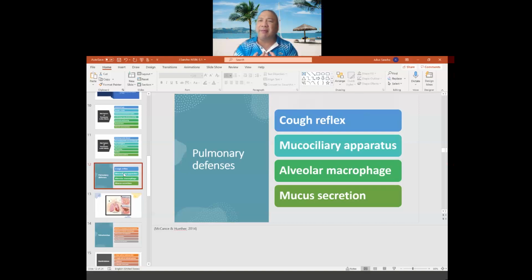The cough reflex is very important because it removes your phlegm, which is filled with microorganisms, out of your lungs. If the resident doesn't have that cough reflex, those phlegm, fluid and mucus will remain in your lungs, which could cause pneumonia. Mucociliary apparatus.